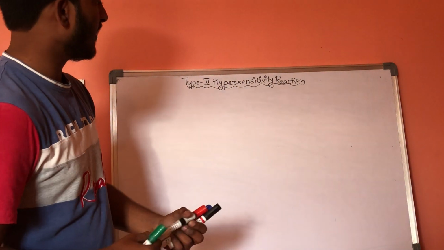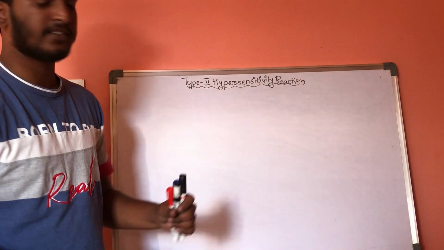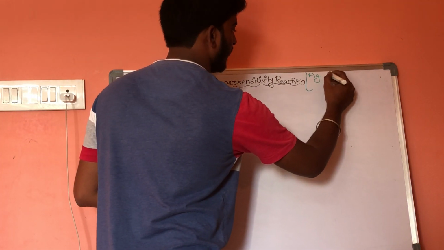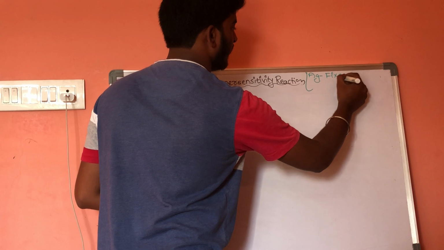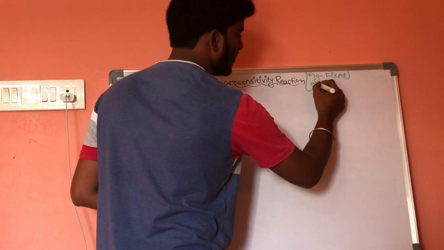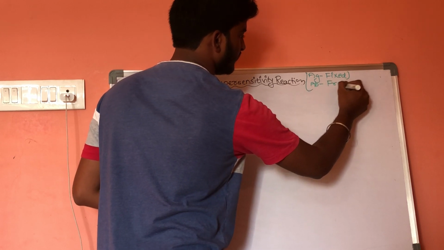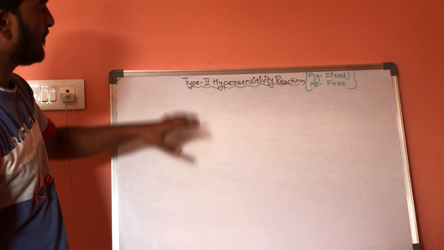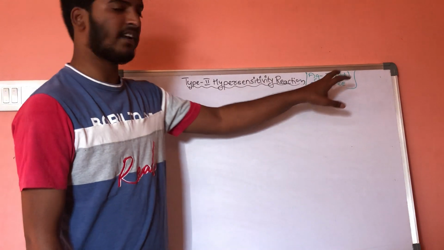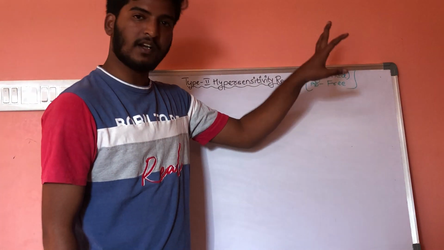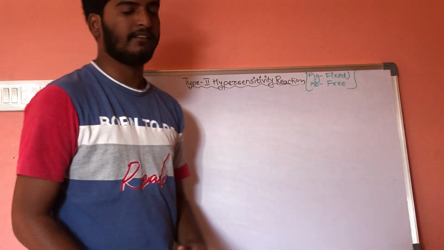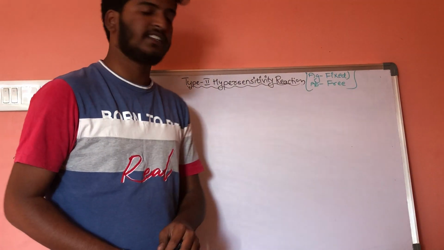The basic fundamental of type 2 hypersensitivity reactions is that the antigen is fixed whereas antibodies are free. This is the basic fundamental to be remembered: in type 2 hypersensitivity reactions, the antigens are fixed, which may be intrinsic or extrinsic, and antibodies will be free and floating in the serum.